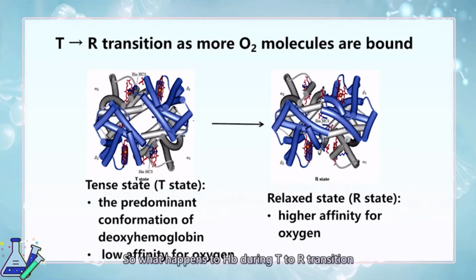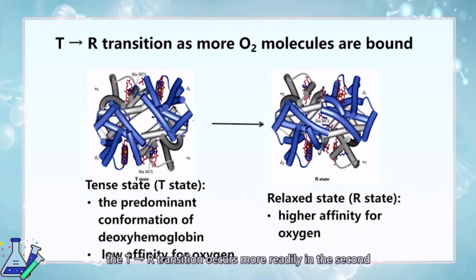So what happens to hemoglobin during the T to R transition? Oxygen binding to individual subunits of hemoglobin can alter the affinity for oxygen in adjacent subunits. The first molecule of oxygen binds weakly to a subunit in the T state. However, this binding leads to conformational changes that are communicated to adjacent subunits, making it easier for additional oxygen to bind.